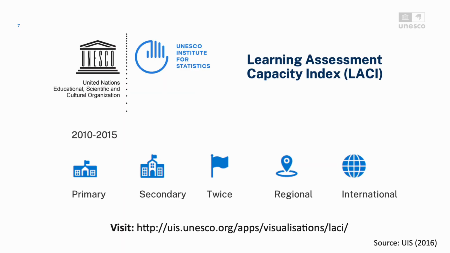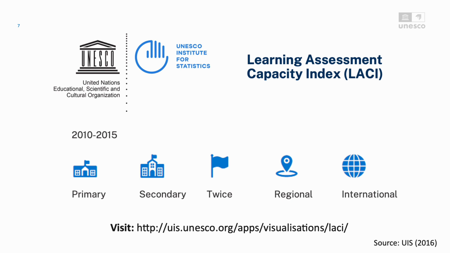UIS has been monitoring the progress on Target 4.1 worldwide by using the so-called Learning Assessment Capacity Index, LACI. The index shows how much countries were involved in large-scale assessments at primary and secondary education levels between 2010 and 2015. The index is composed of 5 criteria based on the following questions. 1. Did the country conduct a national assessment at the primary level? 2.